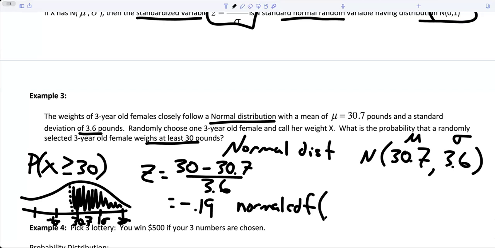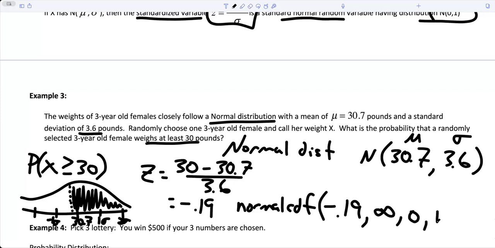Normal CDF will give us the probability after we find the Z-score. What's my lower bound? The lower bound is negative 0.19, the Z-score. The upper bound is positive infinity.